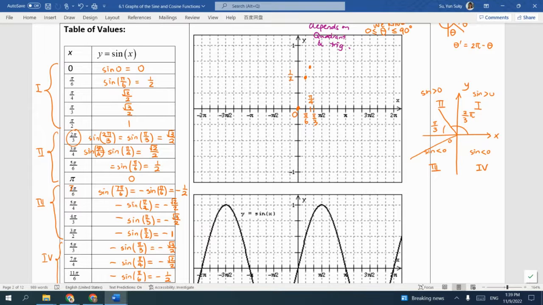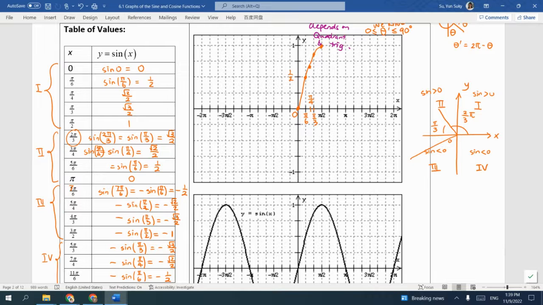So this is pi over 3, and that's square root of 3 over 2, which is bigger. And then at pi over 2, we get 1. Okay. So this is what it looks like.